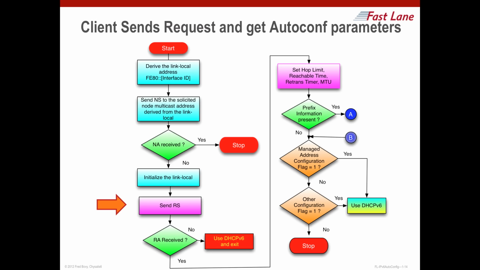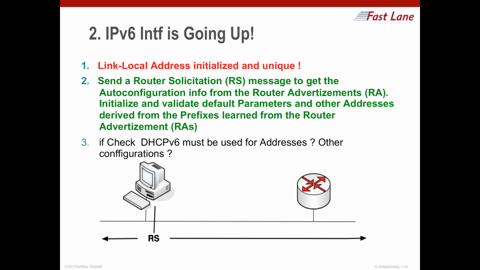But if we receive router advertisements, we can initialize the interface and maybe configure some more prefixes, some more addresses derived from the prefixes which may be announced in the router advertisement message. So that's the second step of the process. Just send a router solicitation, expect a router advertisement to get some configuration to perform auto-configuration of the interface.